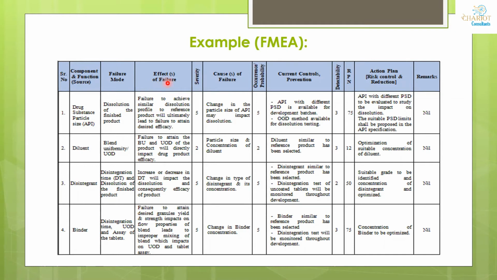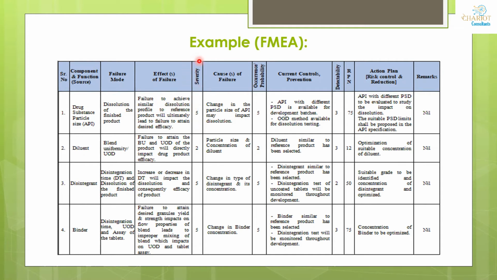And what is the effect of failure? The effect of failure will be failure to achieve a similar dissolution profile to the reference product, which ultimately leads to not attaining the desired efficacy. If I am not getting dissolution similar to my reference product, the efficacy will not be similar, because my dissolution is not matching the reference product.